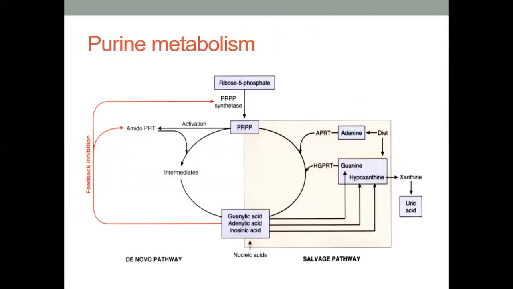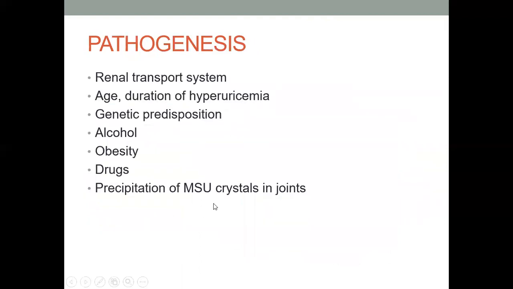So then comes purine metabolism. There are two pathways of uric acid synthesis. One is the de novo pathway and the other is the salvage pathway.